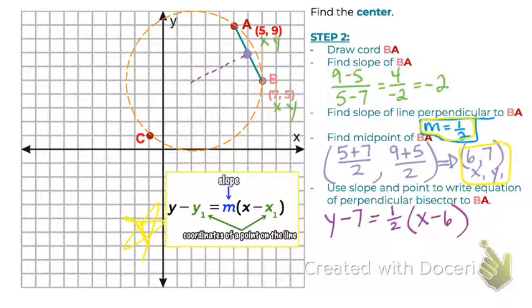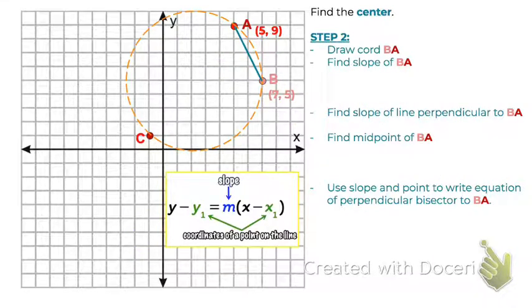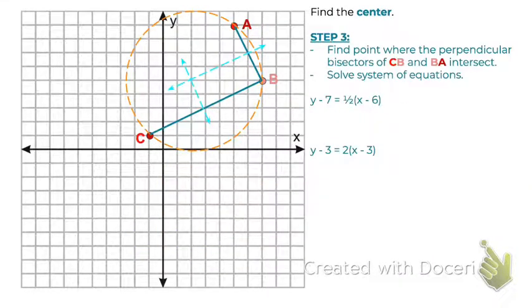So remember, where the perpendicular bisectors intersect is the center of our circle. So what we're basically doing, we have two equations. We are trying to find out where those two equations intersect. What point do they share in common? What solution do they share in common?